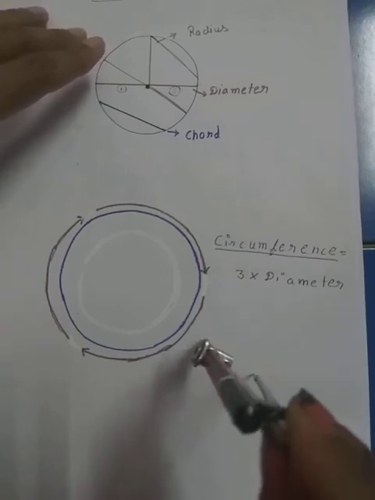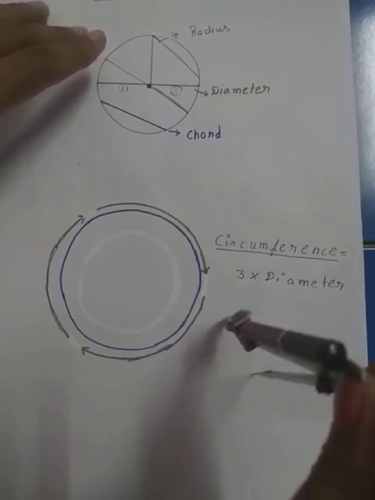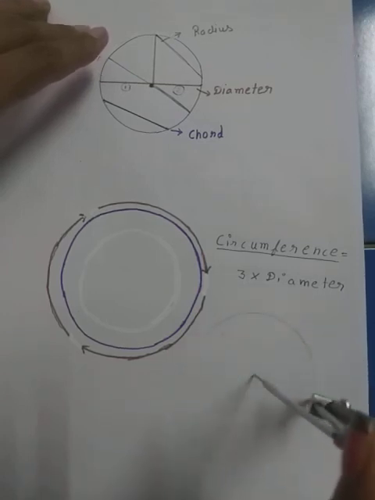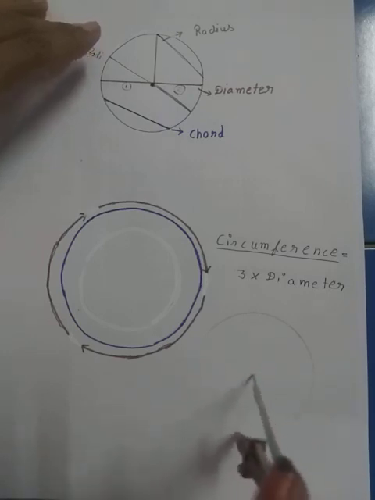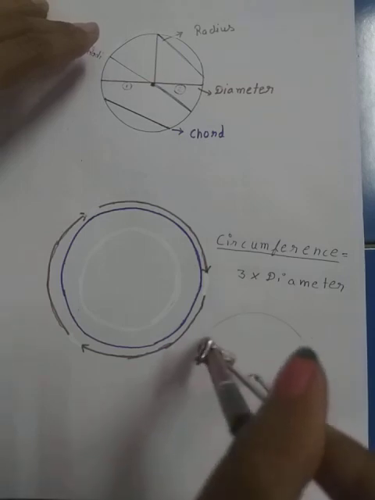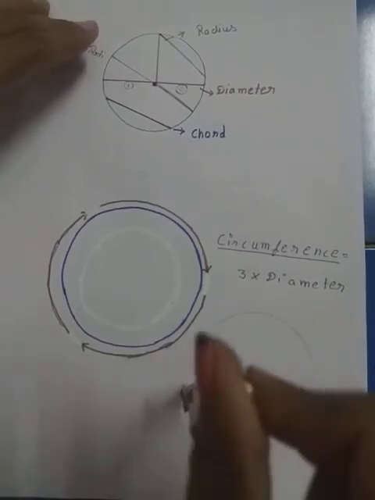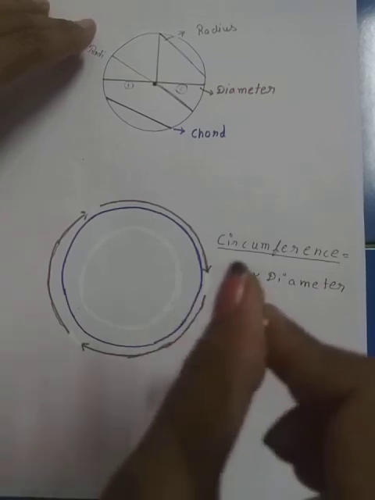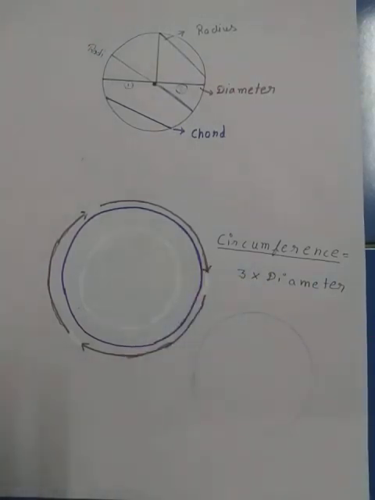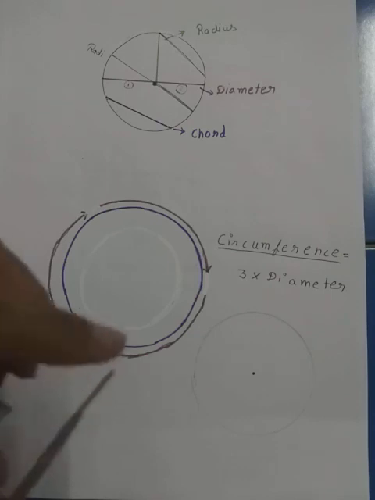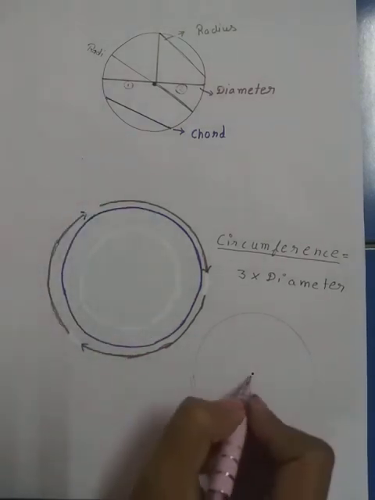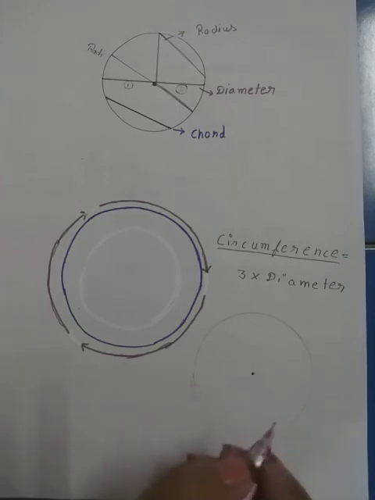Put this one and move it slowly. If you practice, you can easily make this circle with the help of a compass. This one is a circle. If you see carefully, there is a point with the sharpness of this compass. This point is called the center.